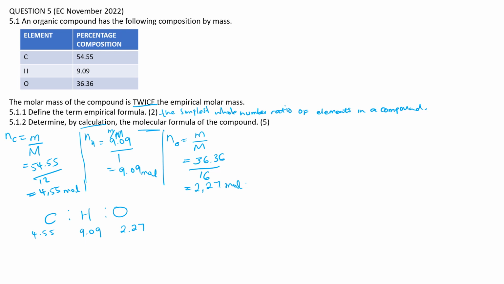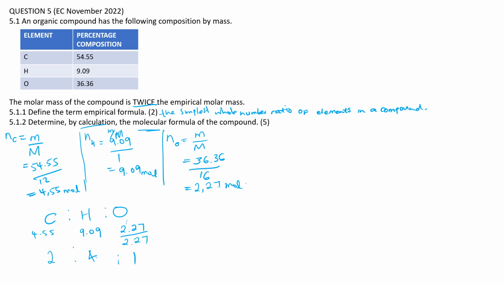This 2.27 is the lowest number of moles, and therefore we're going to divide everything by it. 2.27 divided by 2.27 is 1. 9.09 divided by 2.27 gives us 4. And 4.55 divided by 2.27 gives us 2.